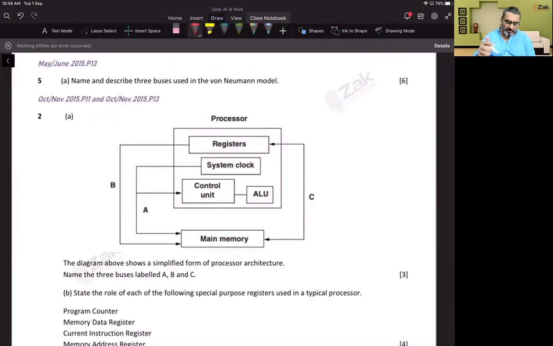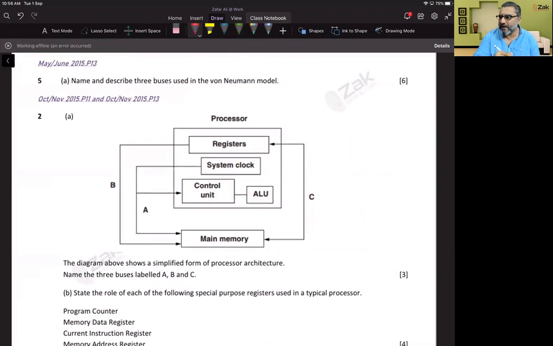So we have got this structure in front of you. So what is this? So system clock is leading to control unit and main memory, and you can see that main memory and control unit are attached with this bus, and it is only bringing in data from main memory to control unit, and control unit is also connecting to main memory.